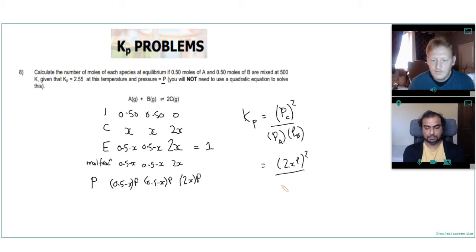And on the bottom we've got half minus x times P, all squared. So what do you notice about that equation?